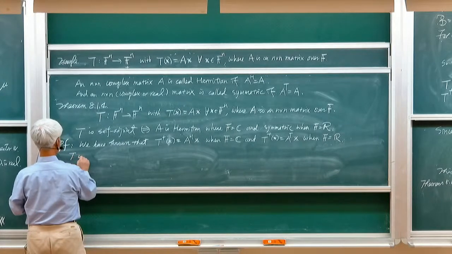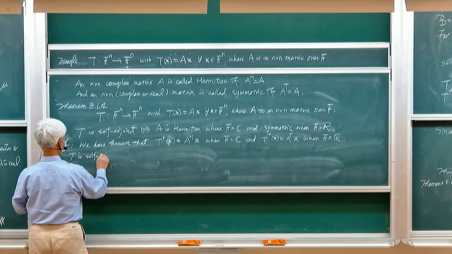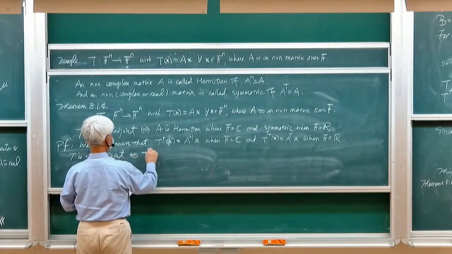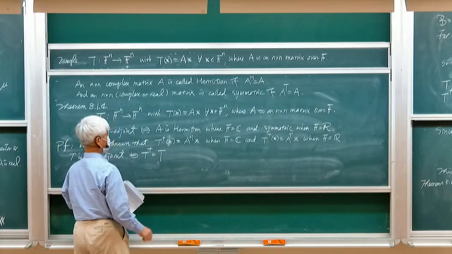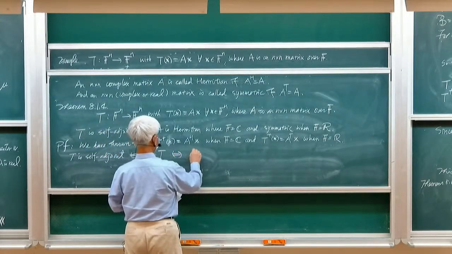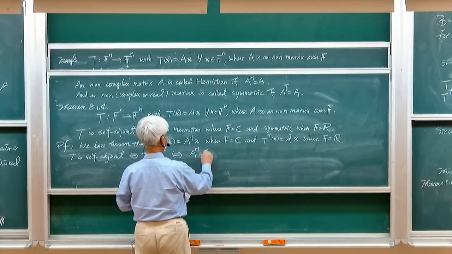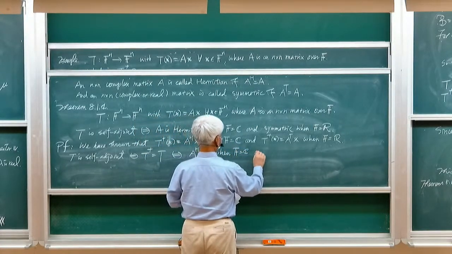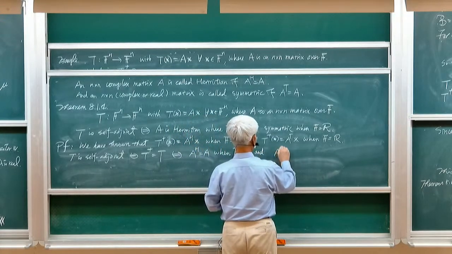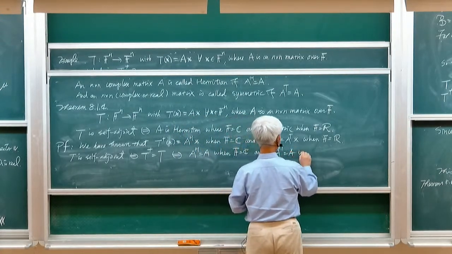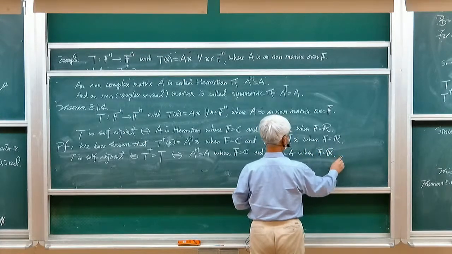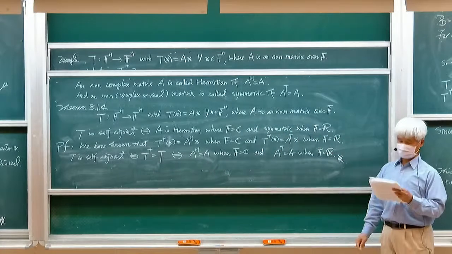T is self-adjoint if and only if T dagger is equal to T, so if and only if A^H equals A when F equals C and A^T is equal to A when F equals R. And this has been done.